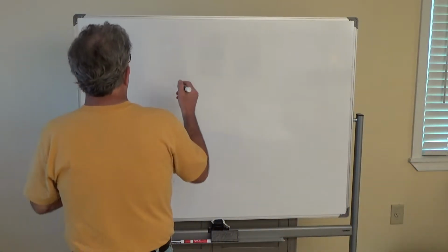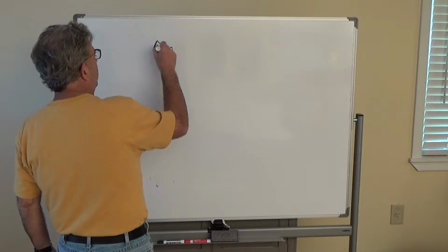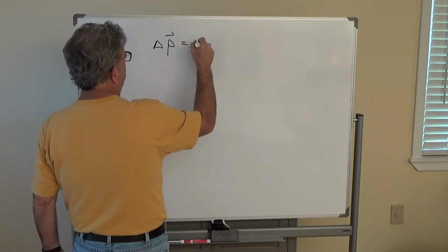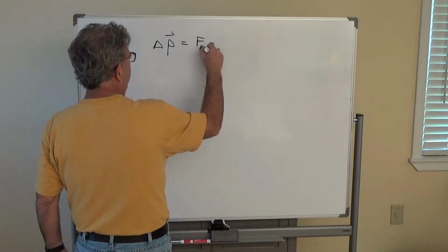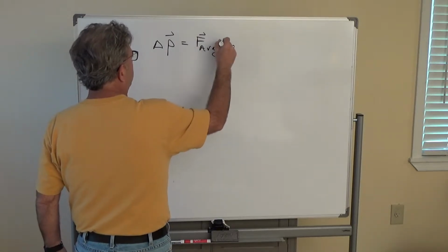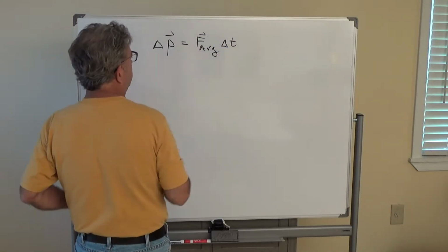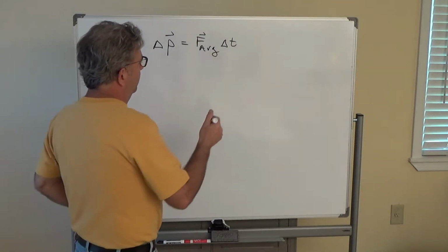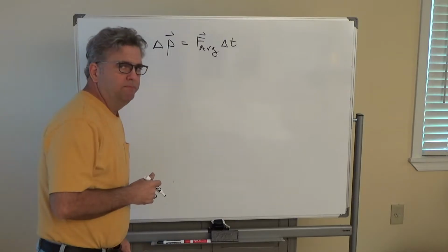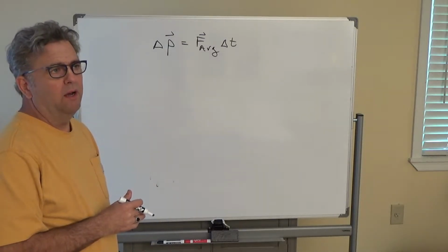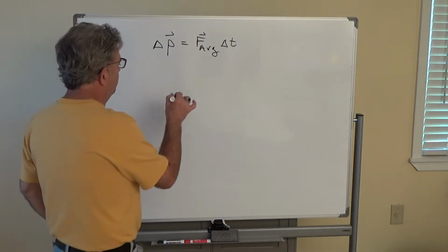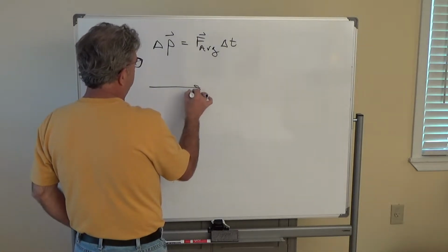So for impulse, the change in momentum is equal to F, let's just say average, times delta T. Okay? So delta T in this case, they give you some number for how long the ball is in contact with the bat. And I think the ball is coming in like this.